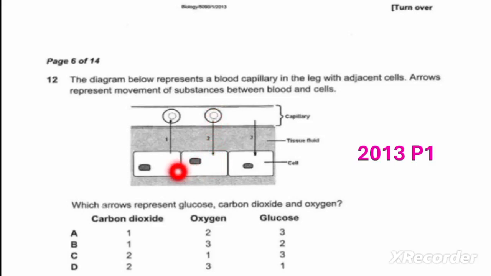Carbon dioxide is being removed from the tissue cells to the blood vessel so that it can be eliminated in the lungs. Then this one is showing the movement of glucose from the blood vessel, a capillary in this case, to the tissue cells.